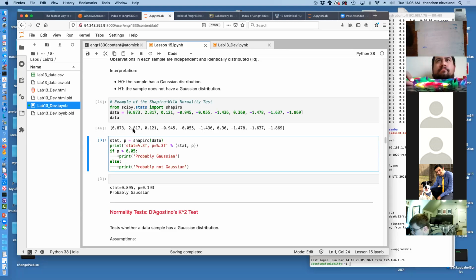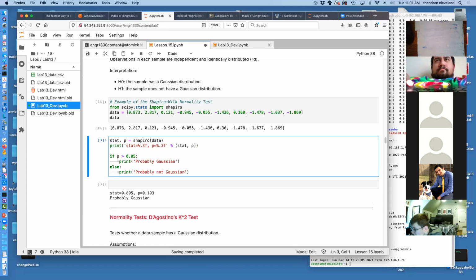So at initial appearance it would be hard to tell if it's normally distributed or not. But if we apply the Shapiro test and follow our guidelines, if the p-value is bigger than our alpha value, then we will conclude that it is probably Gaussian, otherwise probably not Gaussian.